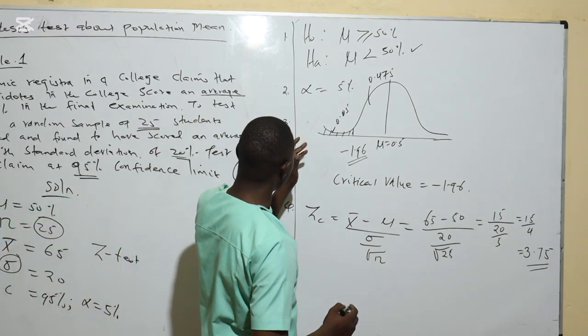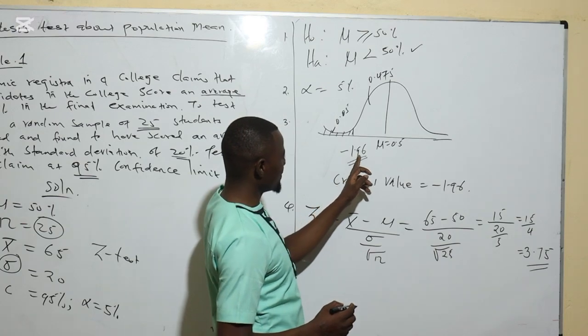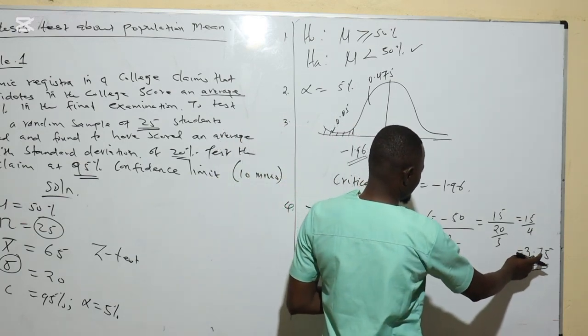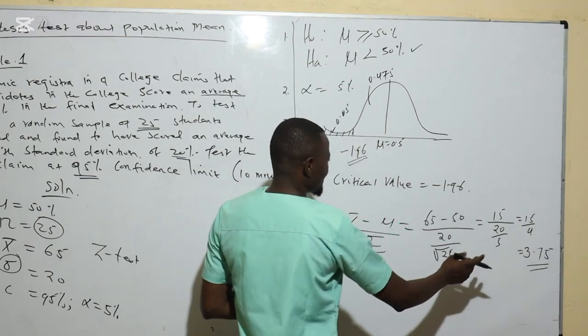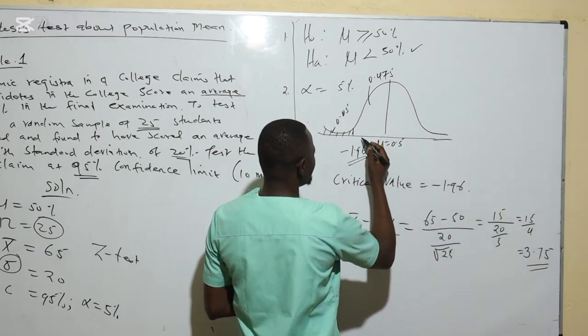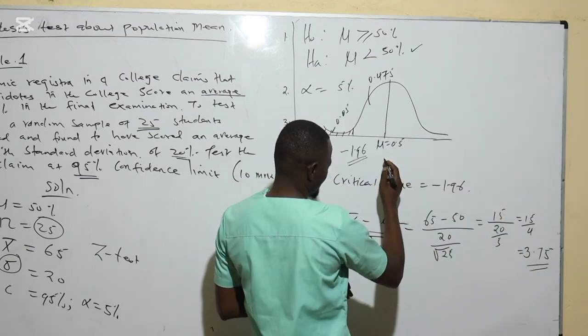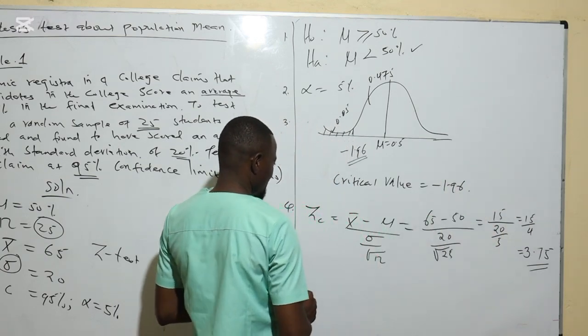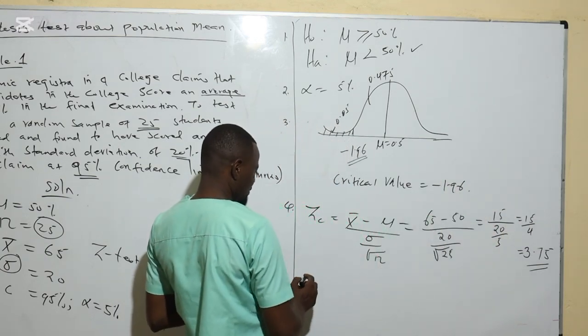Now, you have the critical value negative 1.96 and the Z calculated is 3.75. If you look at this 3.75, it will be in the acceptance region. It will be to the right. So, let's draw our conclusion.